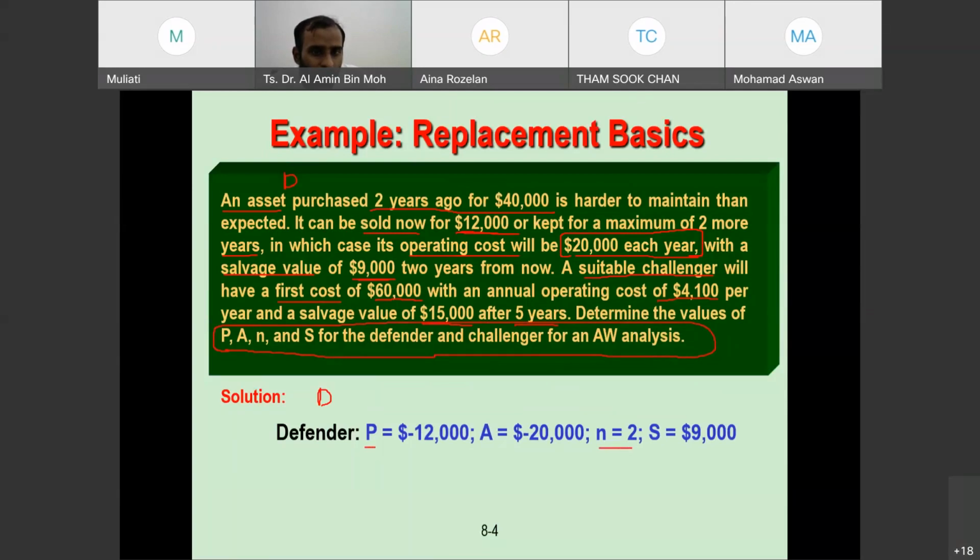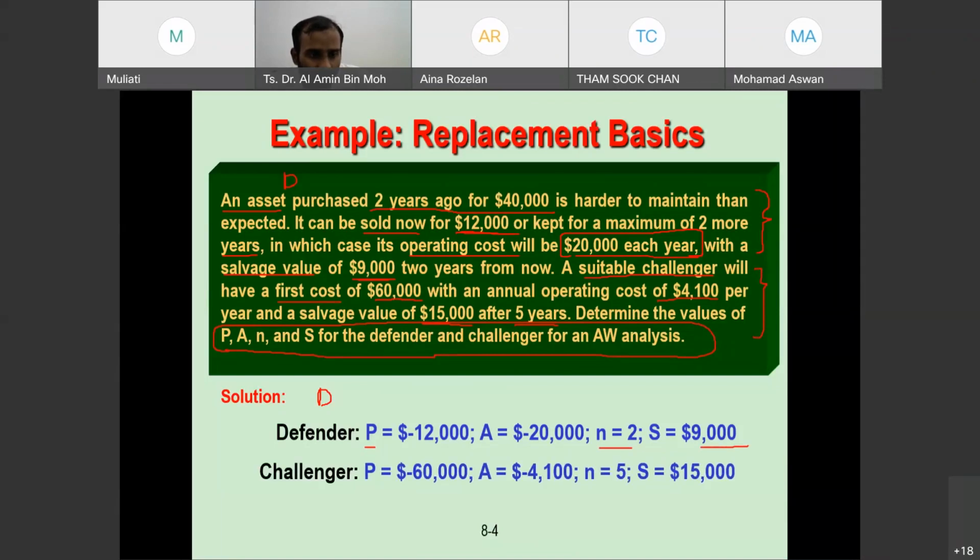Why is N 2? Because they said we can use it for 2 more years. The information for the Defender is in the first paragraph, and the end of the second part of the paragraph is talking about the Challenger. S is the salvage value, 9,000. For the Challenger, the same thing: P is 60,000, A is 4,100, N is 5, and salvage value is 15,000.